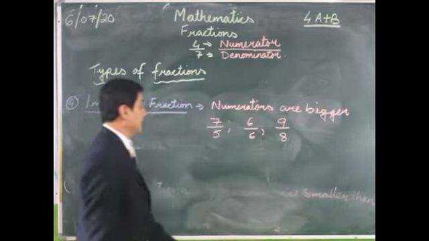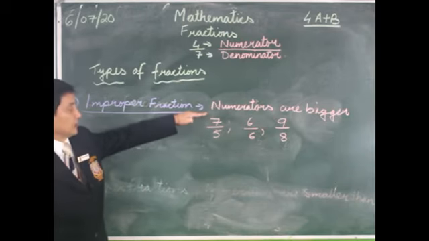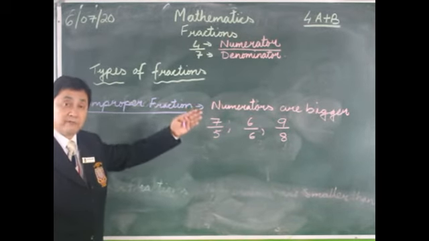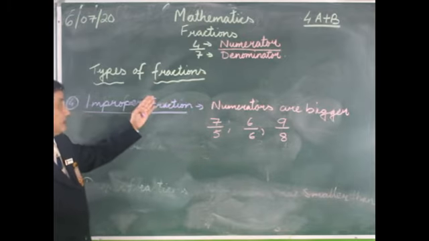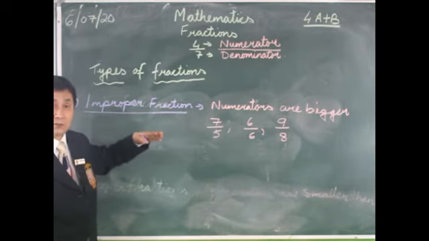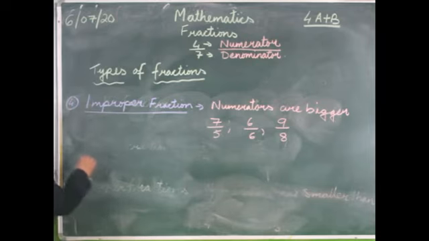So here what we have is all the numerators are bigger than the denominators. In improper fractions, that is the case. In proper fractions, the numerators are small.